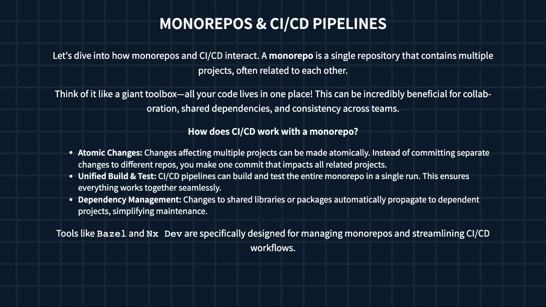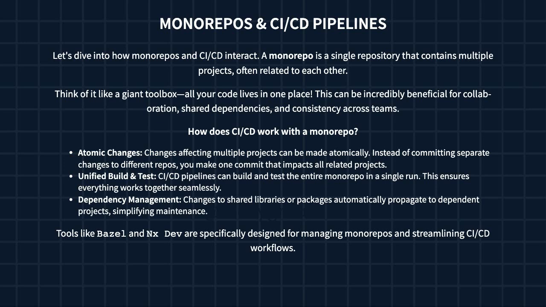Well, with a monorepo, you can make atomic changes, meaning changes that affect multiple projects are all bundled into a single commit. This means your CI/CD pipelines can build and test the entire monorepo as one unit, guaranteeing everything plays nicely together. Plus, because shared libraries and packages live in a central location, updates automatically propagate to dependent projects, making maintenance much easier.